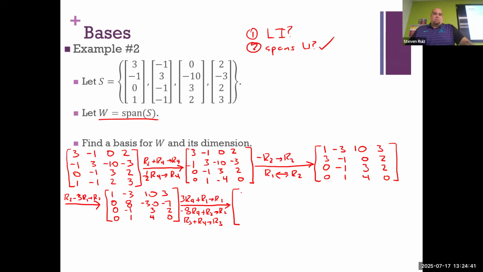So then I get 1, 0, 22, 3, and 0, 0. Oh. Is there a reason why we lost the 22?